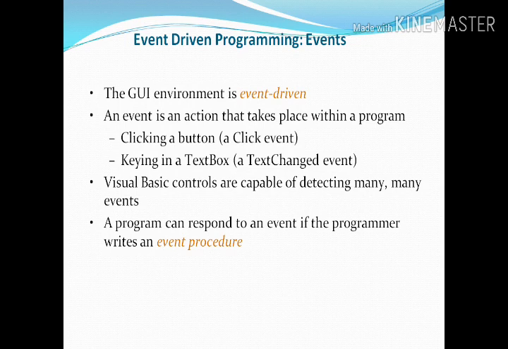Go to the slide. Because it is event-driven, the designing part is easier and you can design the outer look by using that. Next we have to use the coding part. We already know from our first lecture that Visual Basic has two parts, the object view and the code view. From the object view you can design. The designing action will be taken by the event-driven programming.